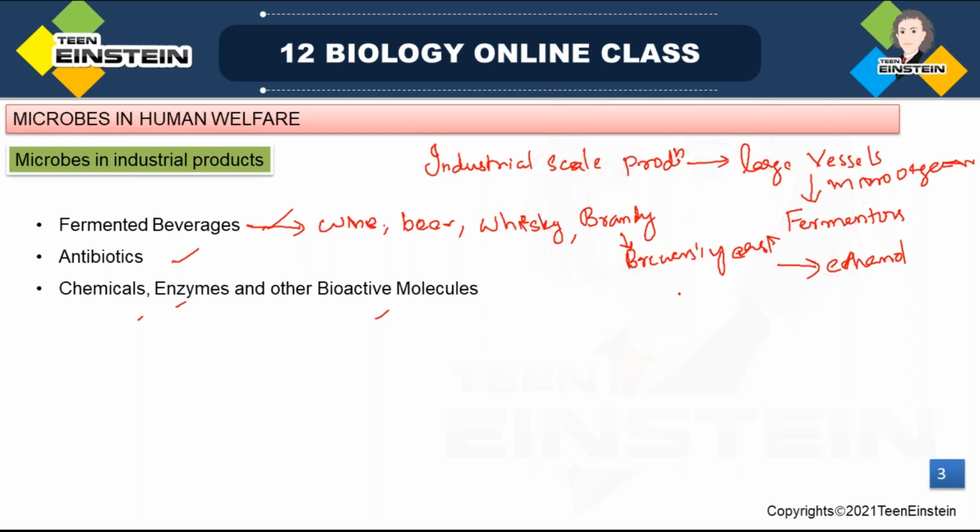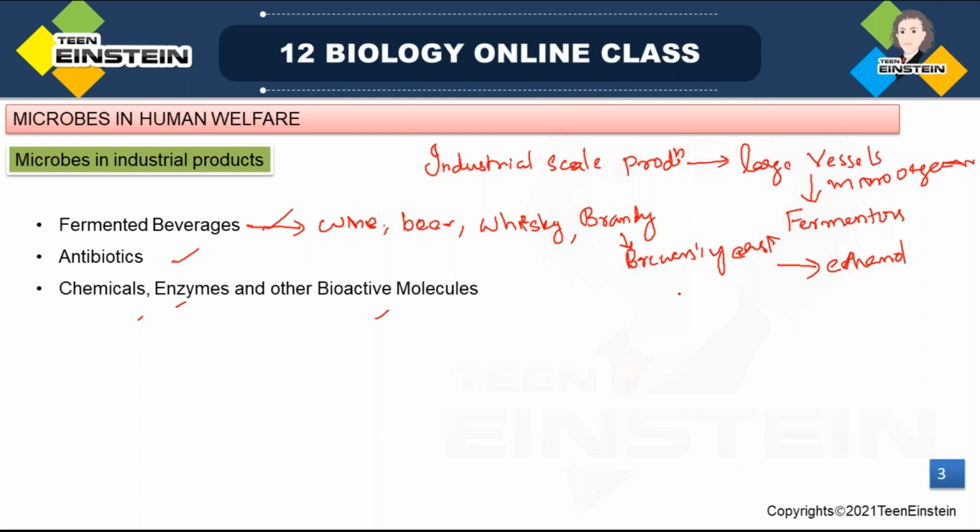Got it? So we have to discuss so many things under this: microbes in industrial production, fermented beverages. So I'm just starting that industrial scale production needs to grow the microbes, large scale production of these microbes in large vessels, they are called as fermenters. So which are all the fermented beverages? Wine, beer, whiskey, brandy and all.